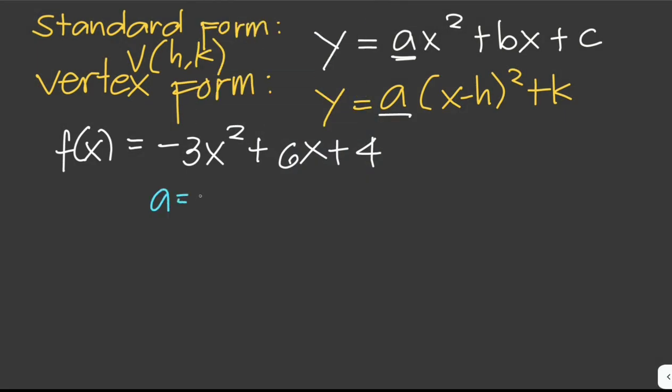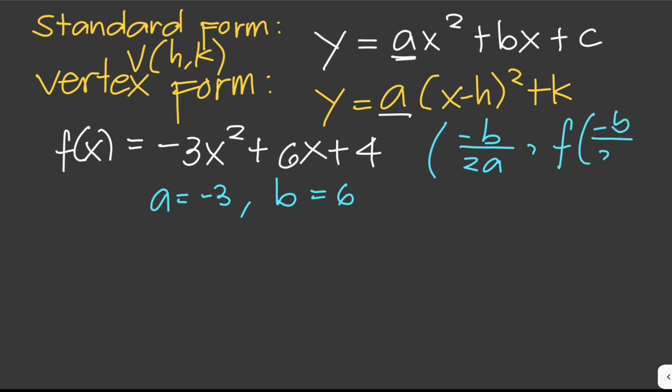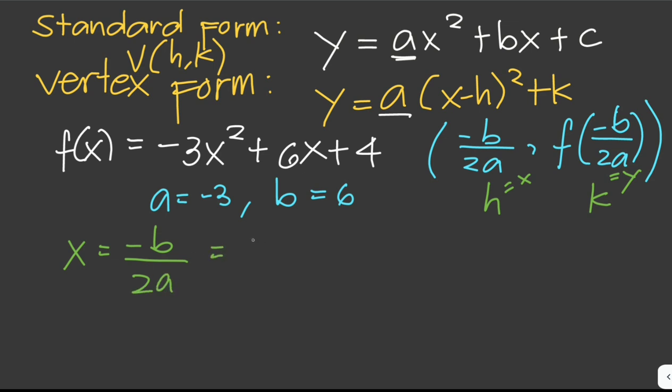So a here is negative 3 and b is equal to 6, and using the formula negative b over 2a and f of negative b over 2a for the coordinates of the vertex h, k, or just the x and y coordinate of the vertex. So x is equal to negative b over 2a, so this is negative of 6 over 2 times negative 3, equals negative 6 over negative 6, so this is positive 1. So that is the value of x.